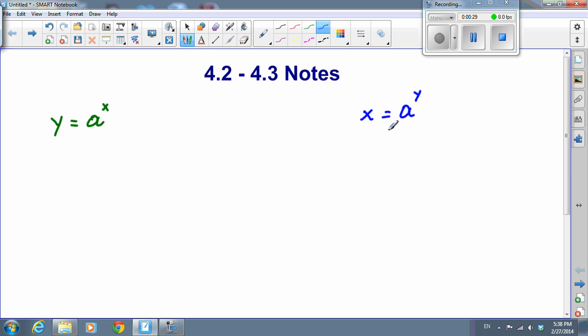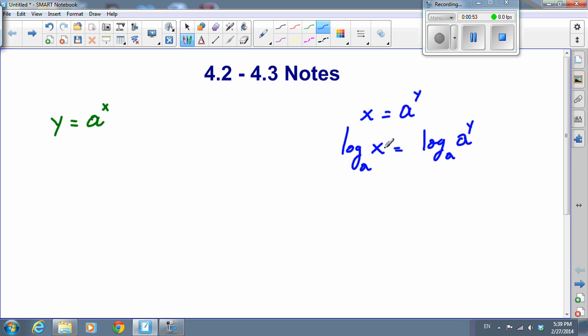In order for you to get y alone, you need to apply a little formula or a little trick that I usually call drop the base and switch, but you will get it in a minute. That's log base a of x is equal to log base a of a to the power of y. In other words, I apply the log base a to both sides.